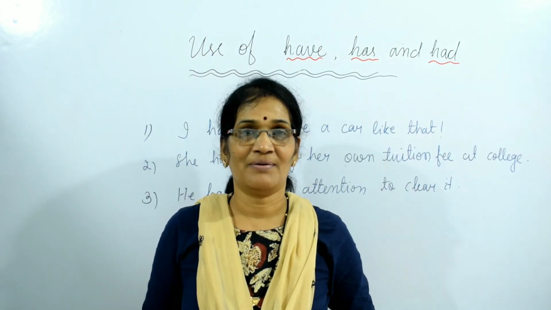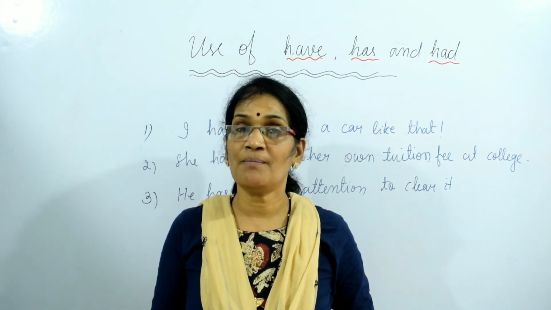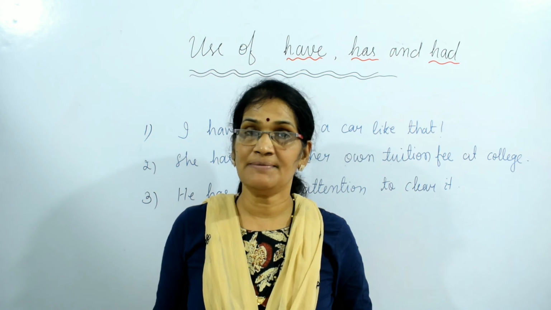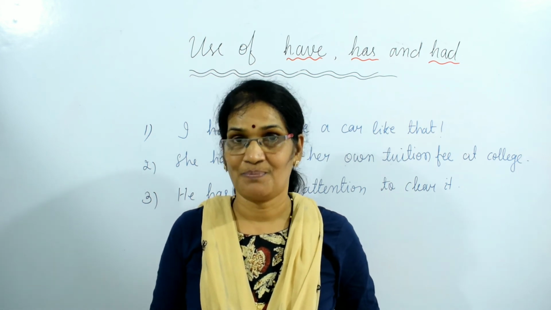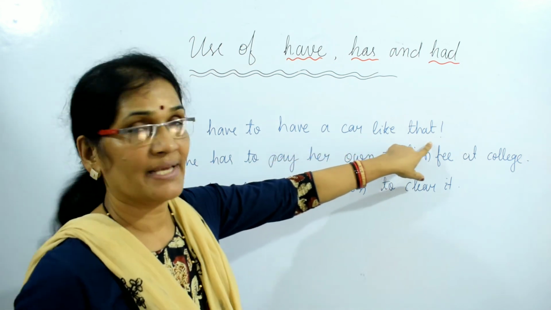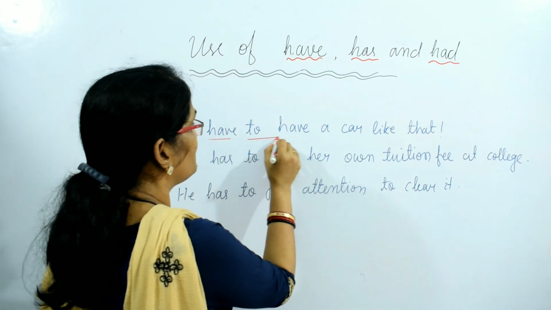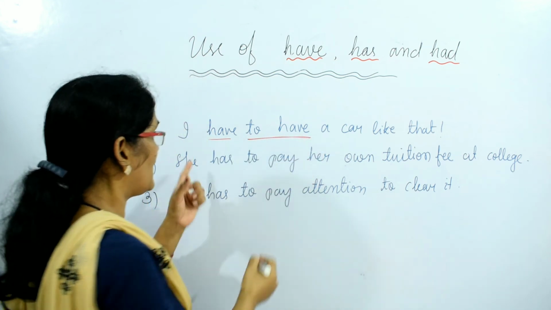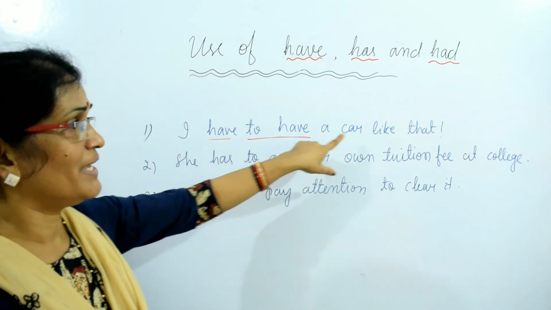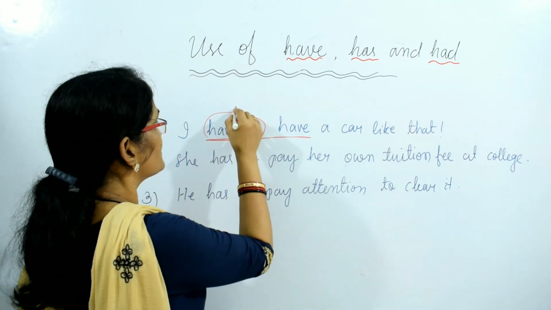And have verb is often combined with an infinitive to form an auxiliary, and its meaning is similar to must. Here, I have to have a car like that. Here, have is combined with to infinitive. I mean, I must have a car like that. Here, have to means must.